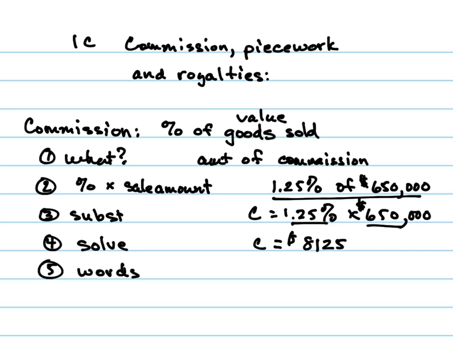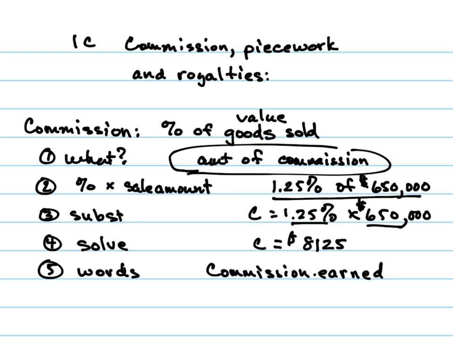So the commission earned, because that's the value we were looking for, is $8,125. Always answer in a complete sentence. All right? So again, you're just finding a percent of a number. So nothing too complicated there.